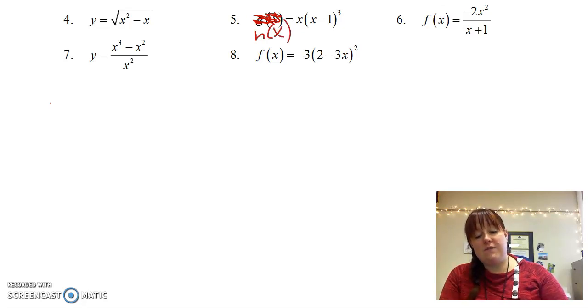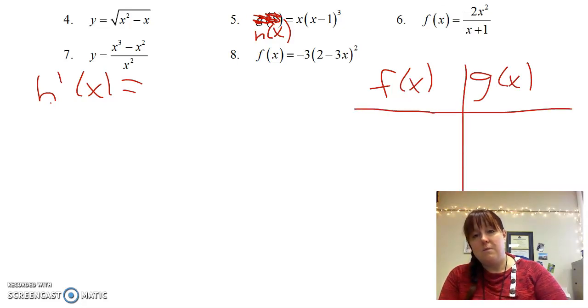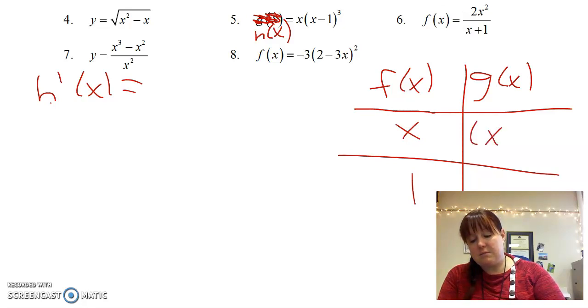Okay, so we're going to find the derivative h prime of x, and we're going to set that equal to, okay, so we're going to set up our product rule because we know it's a product rule, because we see the product of two functions. Okay, then we see that our first function is x, so the derivative of that is 1, and our second function is x minus 1 cubed, and now we have to find the derivative of that, which entails using the chain rule.